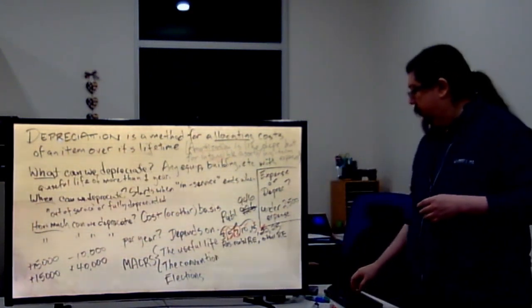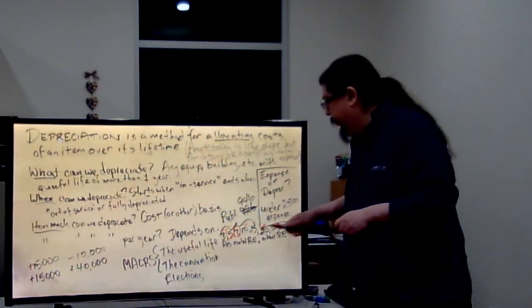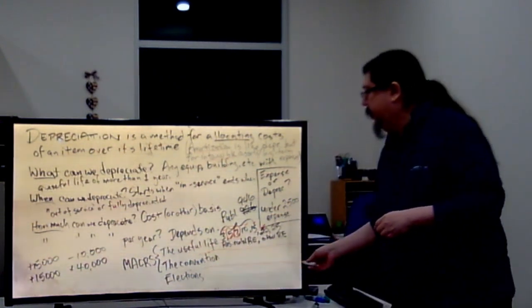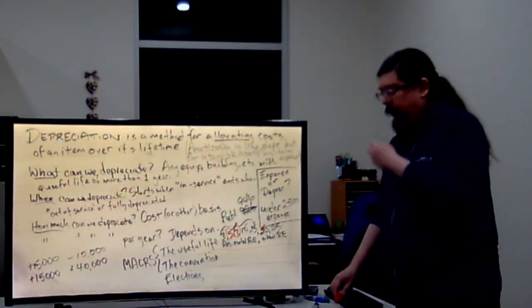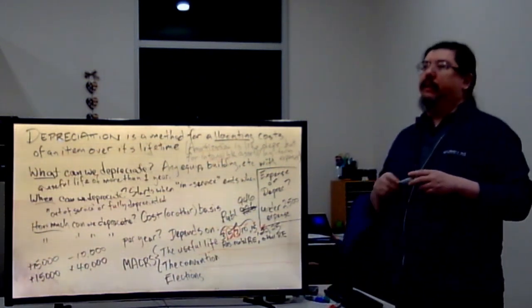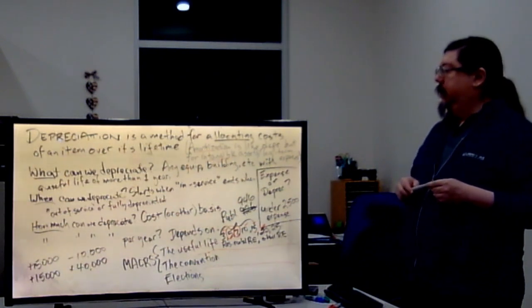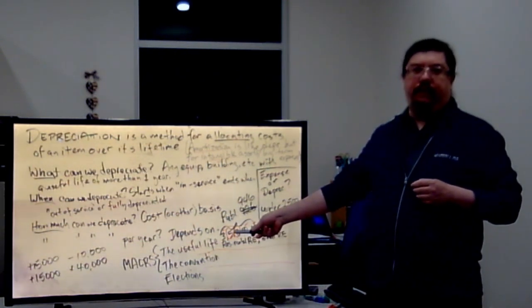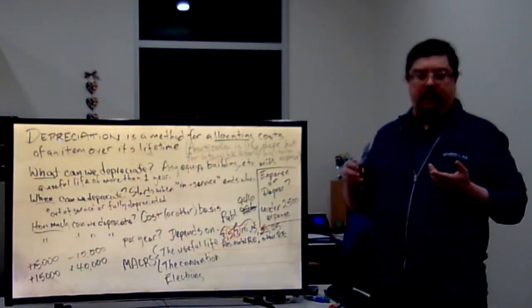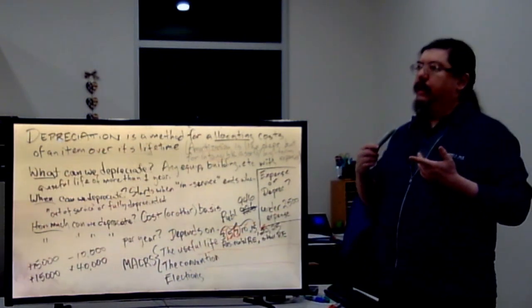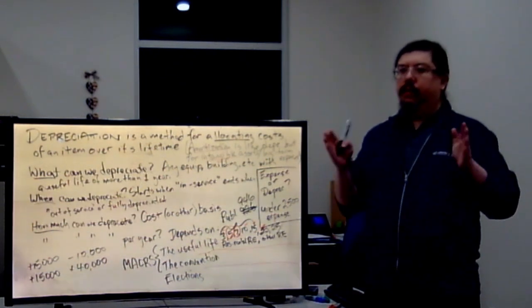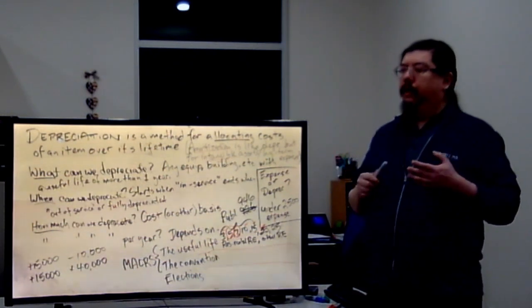Alright, so that was all about useful life. Conventions are, so I did say, for example, you might depreciate something over 5 years, but you don't get a full year of depreciation the first year. You get a prorated amount.